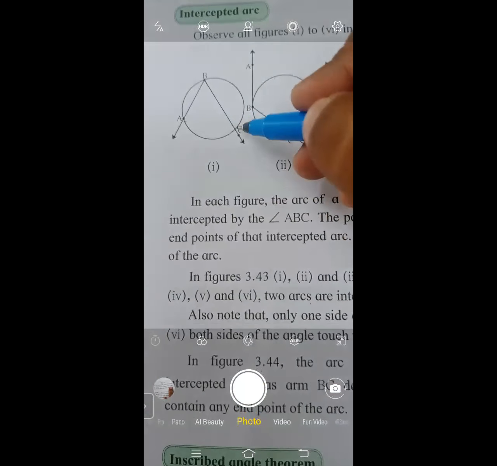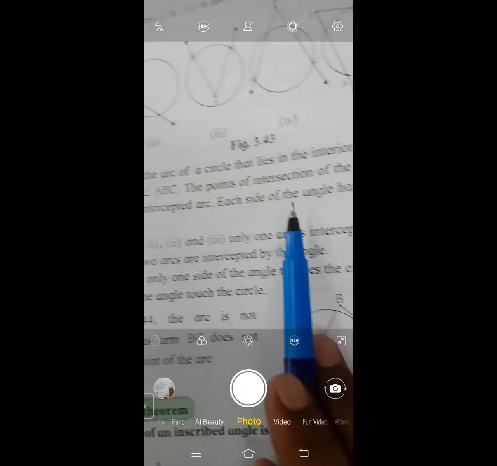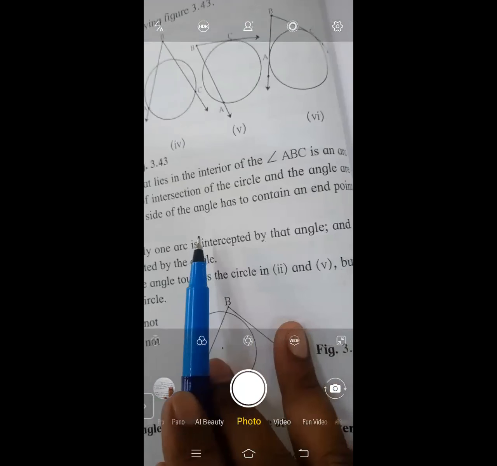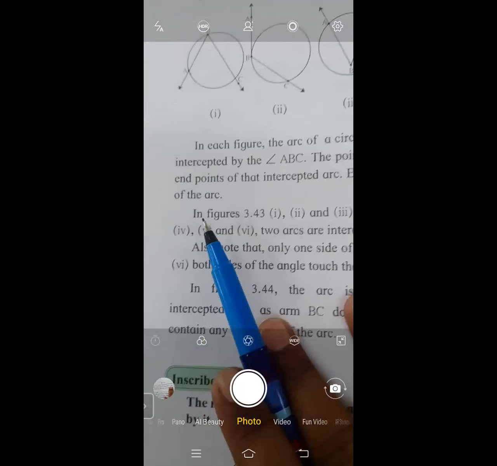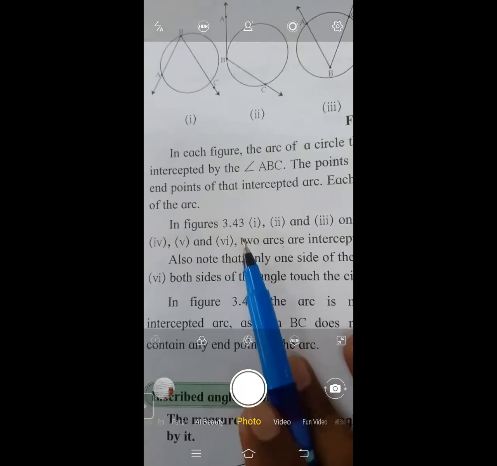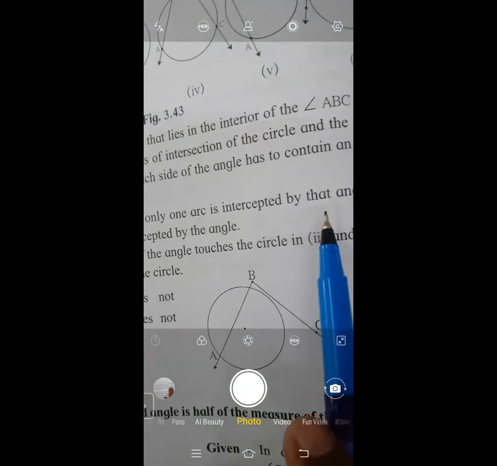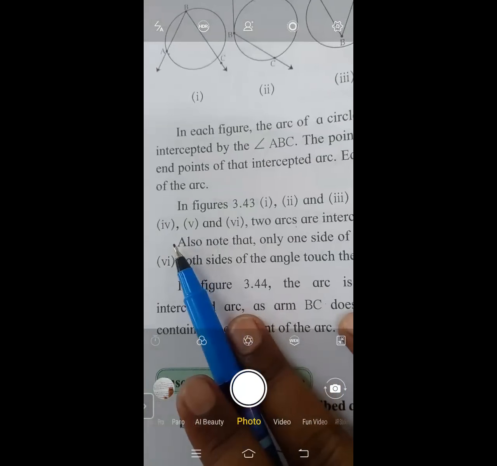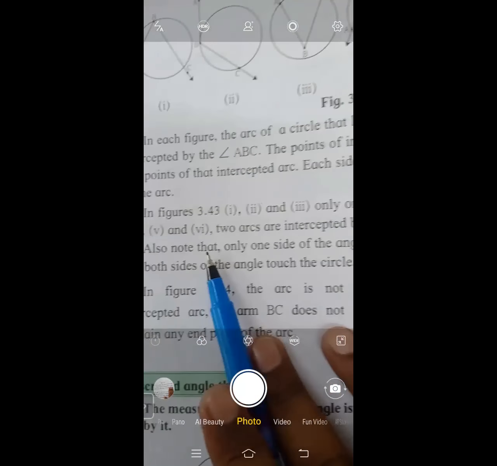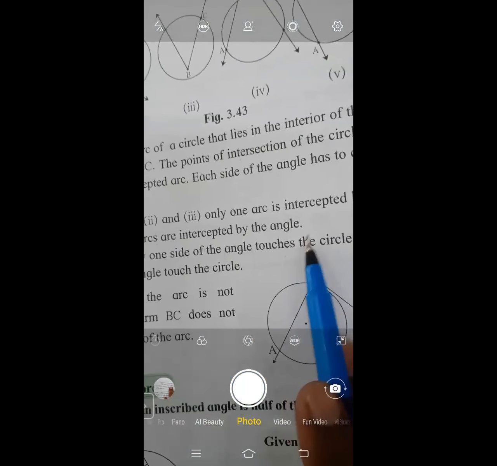This is A and C. Each side of the angle has to contain an end point of the arc. In figures 3.43, first, second, and third, only one arc is intercepted by that angle, and in 4, 5, and 6, 2 arcs are intercepted by the angle.